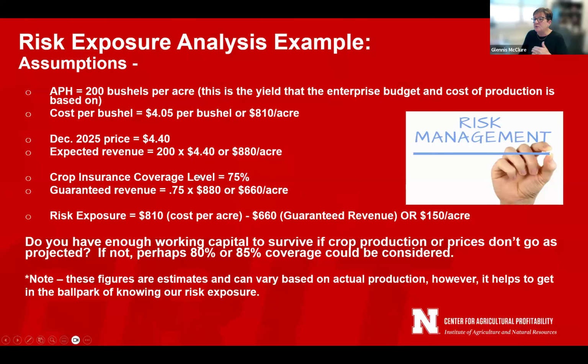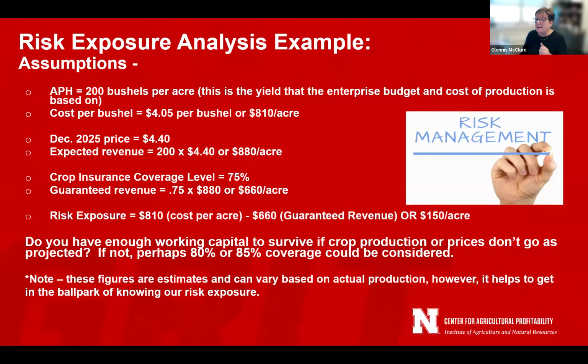So let's say we go through this whole thing and we pick a crop coverage level of 75%. So our guaranteed revenue would be $660 an acre. This again is in general simplistic terms. So risk exposure, $810 per acre, that's our investment. Our investment cost per acre, minus that 660 guaranteed revenue, gives us a risk exposure of $150 per acre.